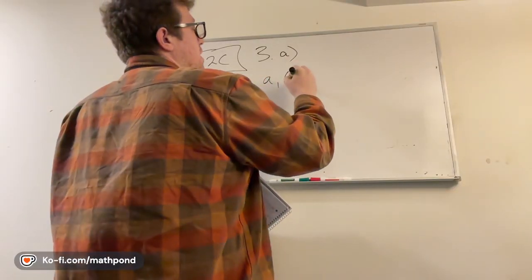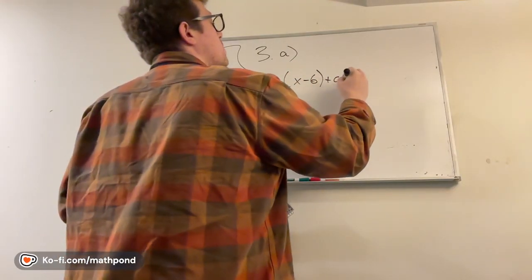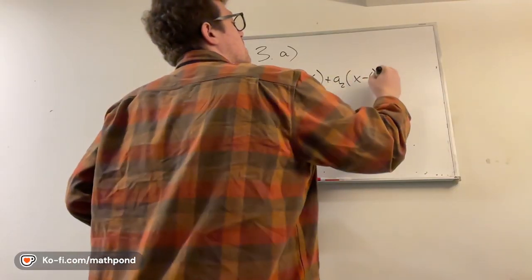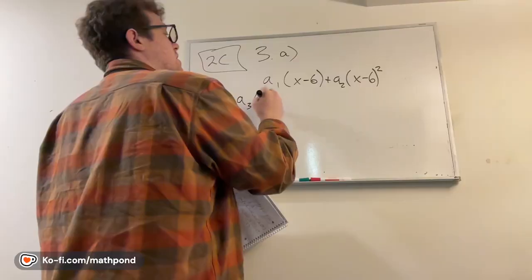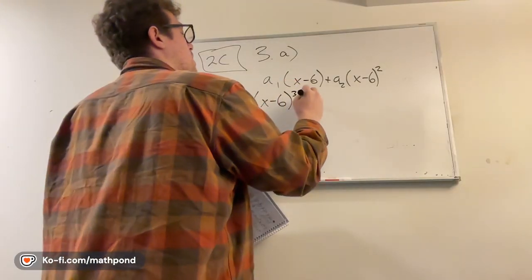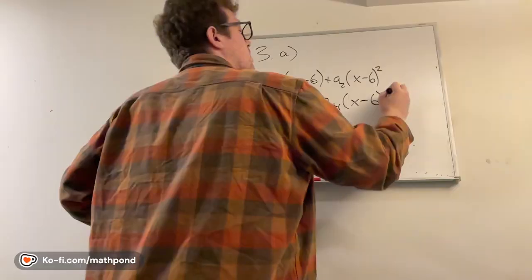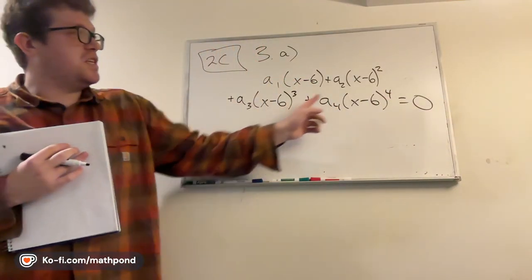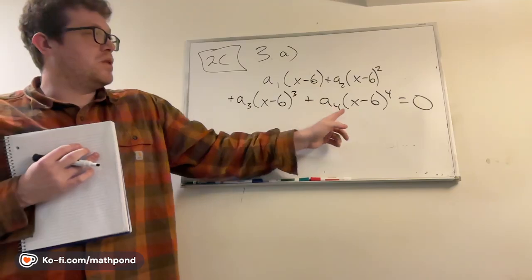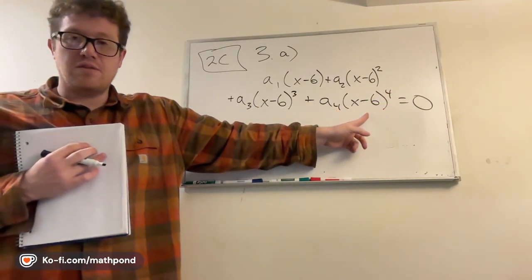So if a1 times x minus 6 plus a2 times x minus 6 squared plus a3 times x minus 6 cubed plus a4 times x minus 6 to the fourth equals 0. It's because they're of increasing degree. There's an x to the fourth here, and this is the only one with x to the fourth.